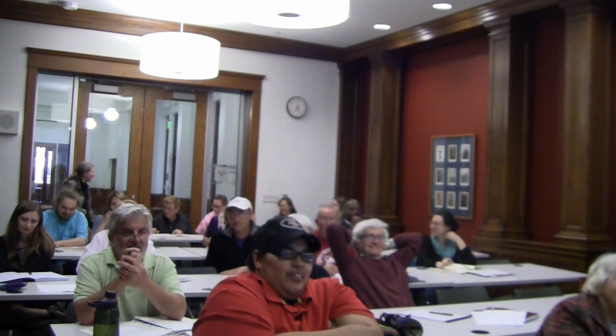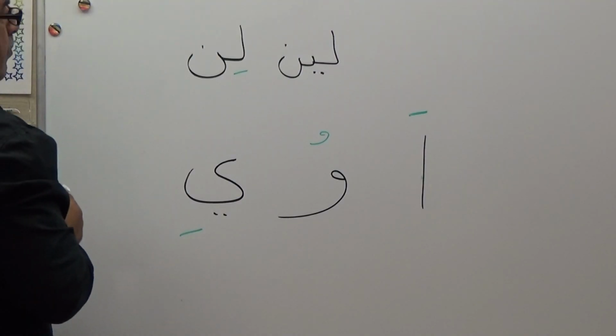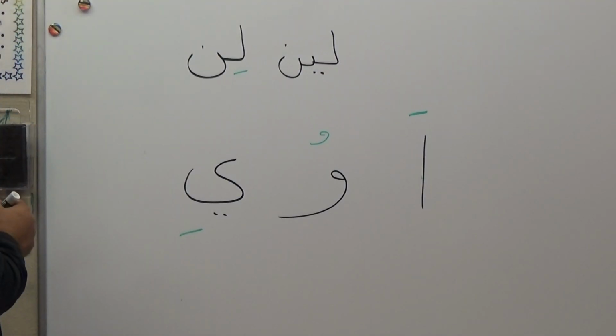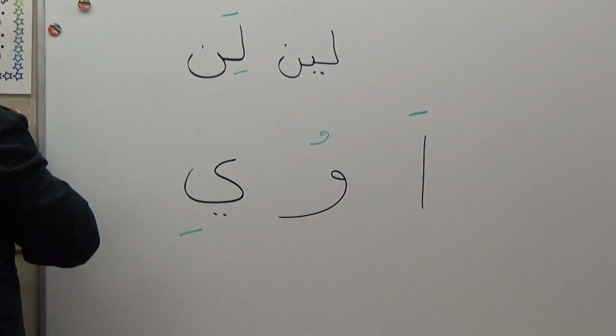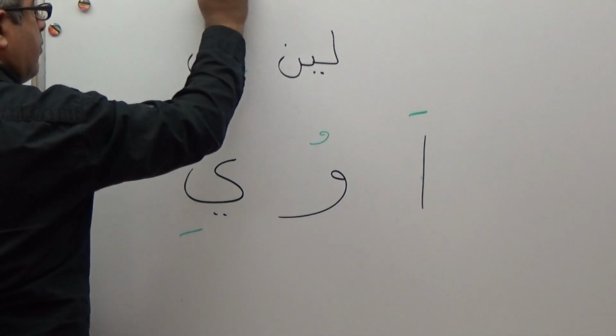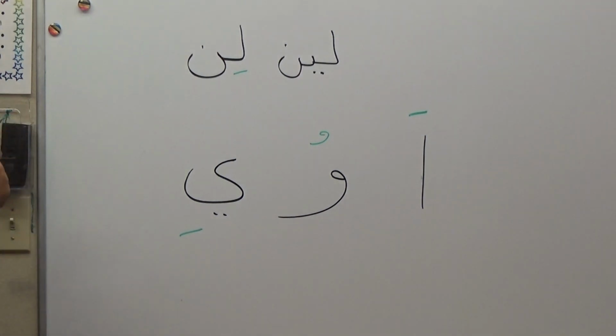Okay. So like we said, we have the a and u and I for those. And now we know how to pronounce len with kasra underneath the lam. How about noon? We didn't go anywhere with noon, right? We just stopped there. When you have quietness or silence, you full stop.